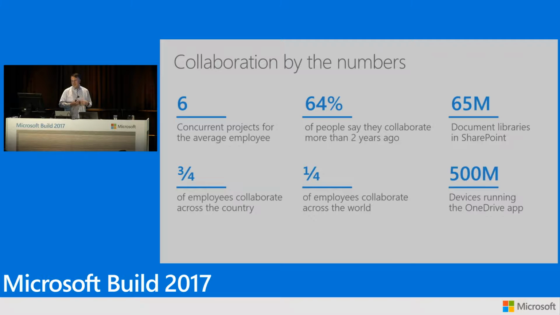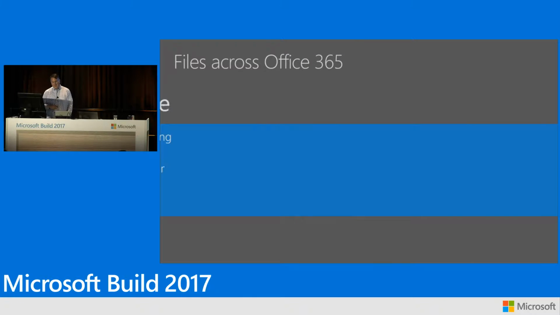And the number I really like to call out is 500 million devices today running the OneDrive app. Those are devices across mobile and desktop scenarios that are connected and syncing and enabling collaboration and richness. We totally want all of your solutions to be plugged into those devices and enabling these great collaboration scenarios on the content that your application owns.